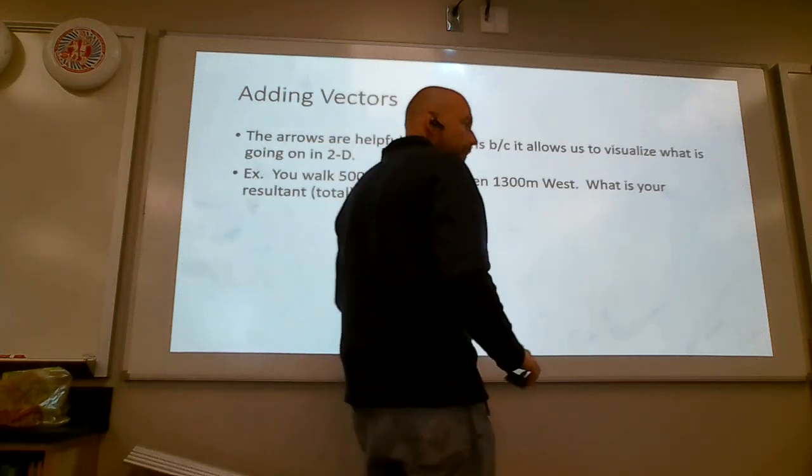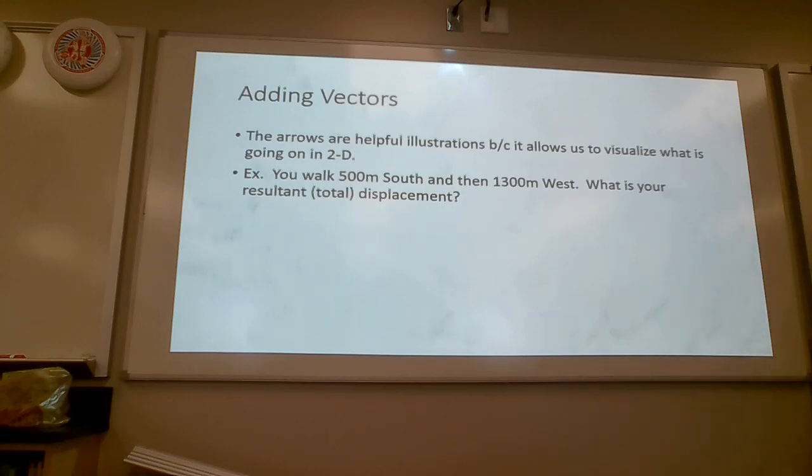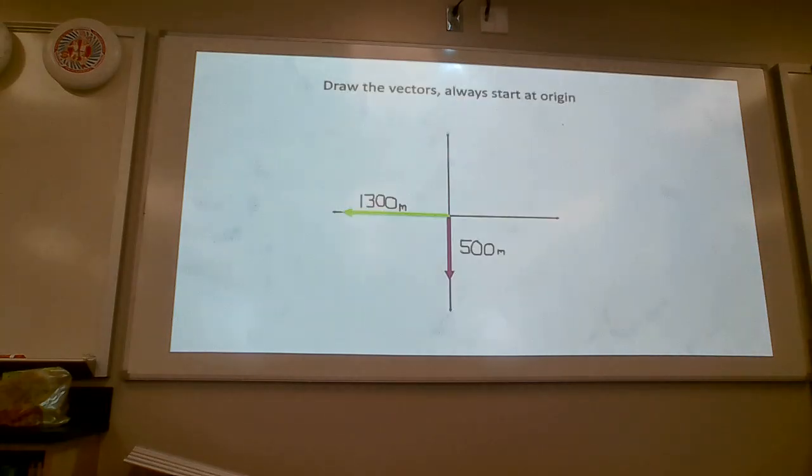Okay. To begin with, we're going to draw both legs of that trip from the origin. So I've got 500 going south and 1,300 meters going west. Okay, start at the origin.